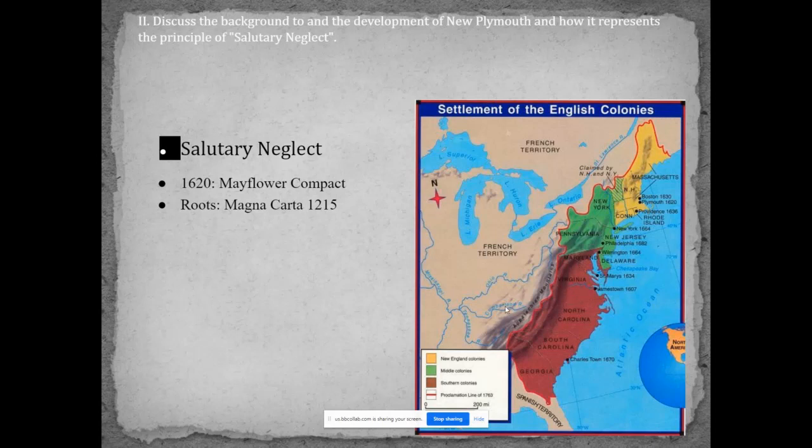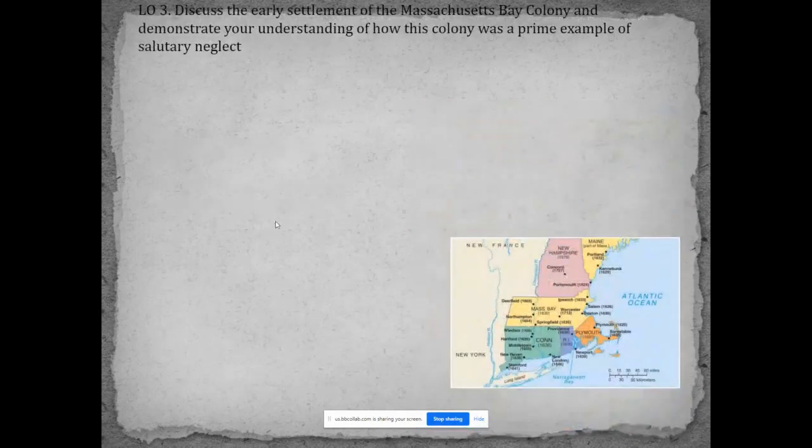And if they had succeeded, this is a big what if, perhaps this momentum of salutary neglect, which was only 50, 60 years old, could have been greatly diminished, and perhaps there might not have been in 1776 this move toward independence, the revolution, the war itself, and so on and so forth, and the idea of the United States of America as a country.